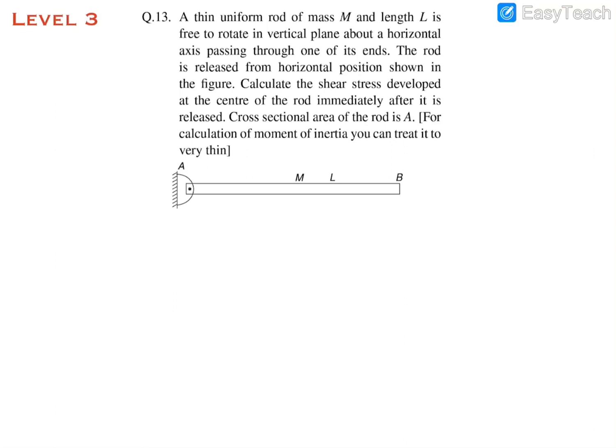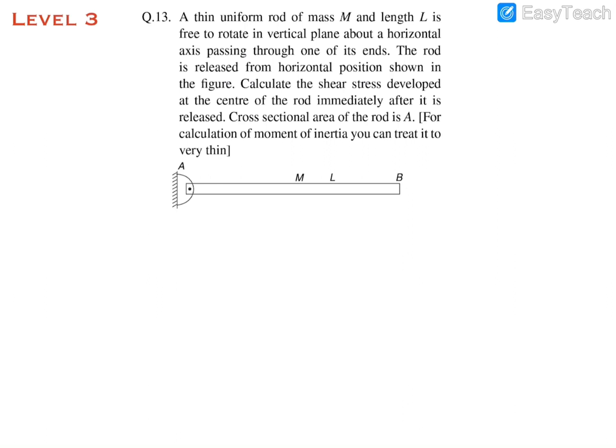In this question, you can see that there is a thin uniform rod of mass m and length L. It is free to rotate in the vertical plane about this axis, like that. The rod is released from this horizontal position, and we have to find out the shear stress developed at the center of the rod immediately when we have released this rod. We have to assume the area of cross section of the rod as A, and we can treat this rod as a thin rod.